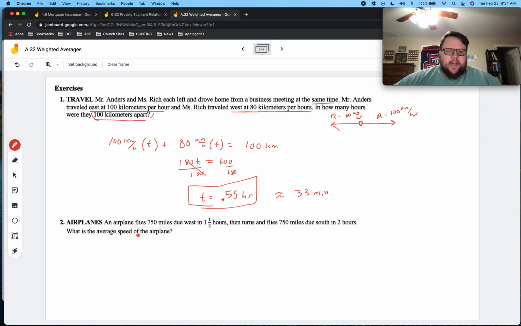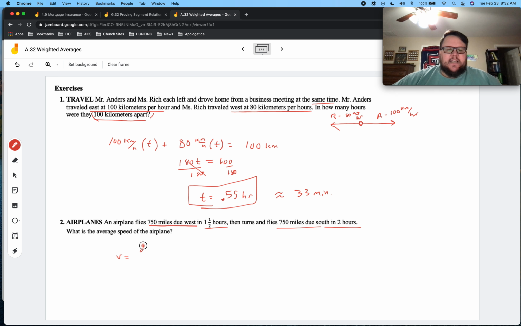All right. An airplane flies 750 miles due west in 1.5 hours, then turns around and flies 750 miles due south in 2 hours. What is the average speed? So we're just going to set this up. The average speed is the total distance over time. Speed, we usually call this V, velocity.